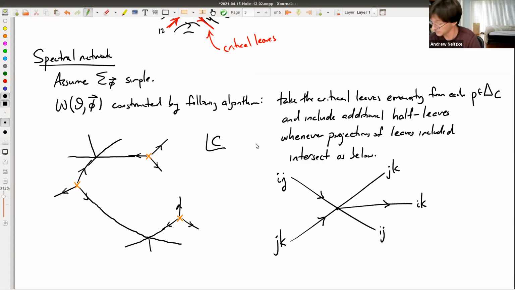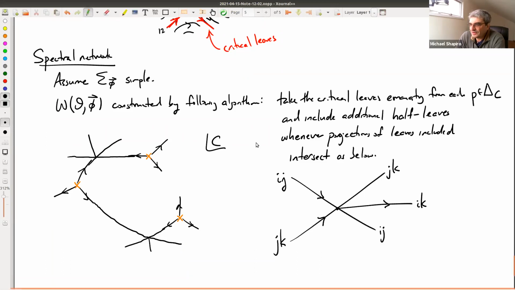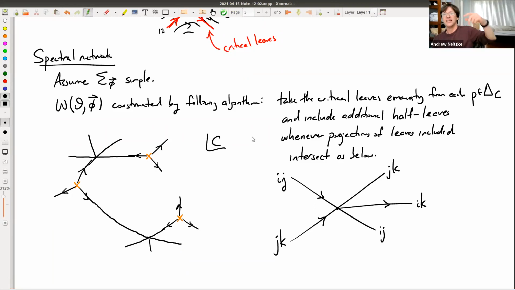Sorry, Andrew, just to clarify. Is IJ the same as JI, or is it different? IJ is not the same as JI. It would reverse the orientation. When I draw it with an orientation, the absolute label matters.